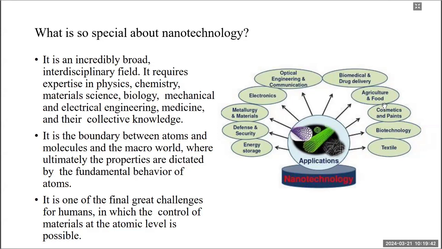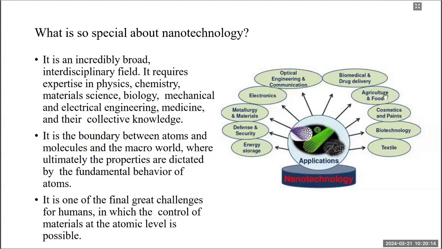Agriculture, food. People are now using nanotechnology on the agriculture side to make nano fertilizers. So what is nanofertilizer? When you have fertilizer in liquid, the molecules inside the liquid go to nano level. When you apply it in the soil in your field, it gets absorbed by the soil really fast.